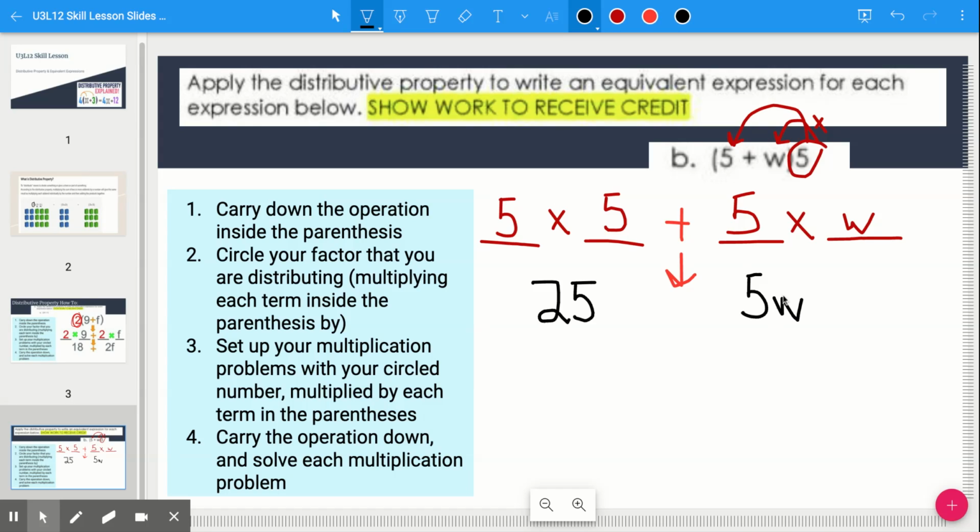A number in front of a variable also means multiplication. And when we don't know what that variable could be, it could be any value, so we just leave it. And then I carry down my plus. And that's it. We stop there. That's your answer, because we're not solving for the variable, we're just finding an equivalent expression.